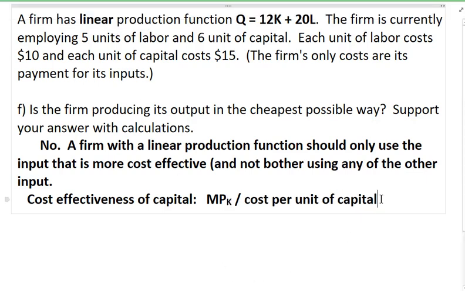And what do we got? The marginal product of capital in a linear production function, you can just read it off the production function. It's 12. The cost per unit of capital says right here 15. 12 divided by 15, isn't that 0.8? Yeah, 0.8.